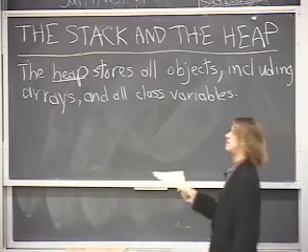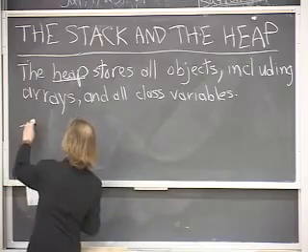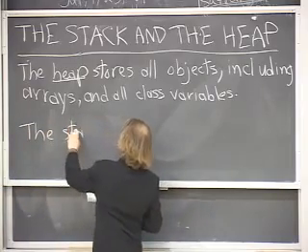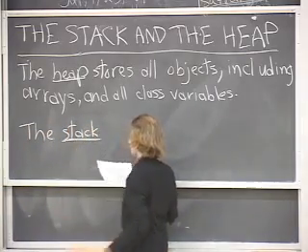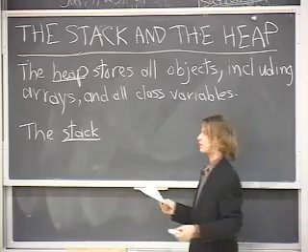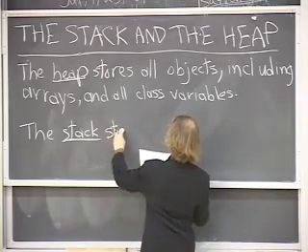Then the other piece of memory, the one that we're really going to learn a lot about today, is called the stack. The stack stores all of the local variables, including parameters.